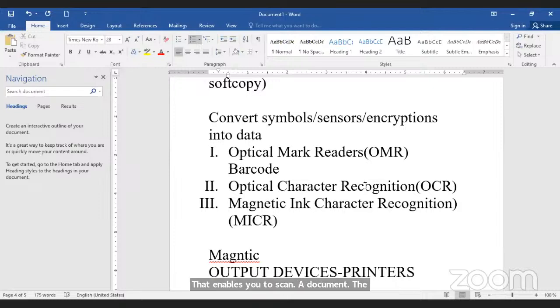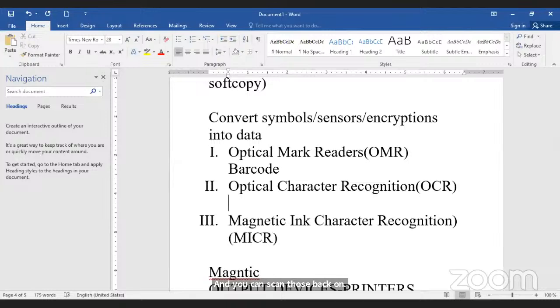For example, if you send a document, you can scan those barcodes and be able to identify which particular item it is. So with optical character recognition, we have some characters that can be encrypted into special symbols.